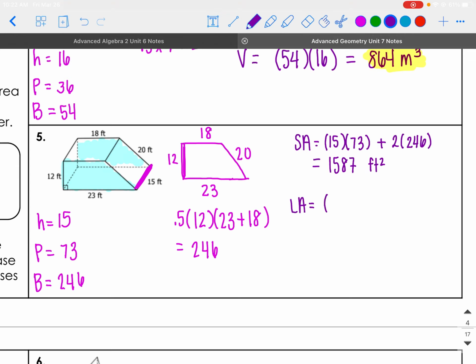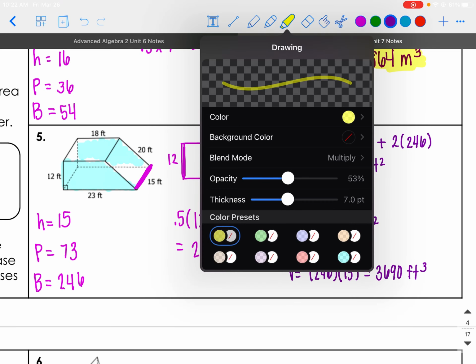Lateral area is just the 15 times 73, which is 1,095 feet squared. And the volume is 246 times 15, which is 3,690 feet cubed.